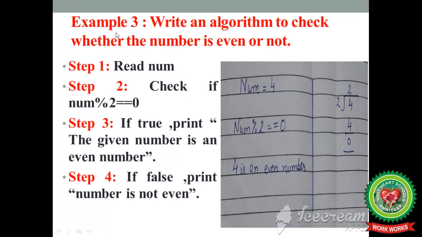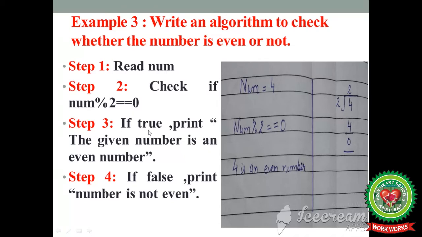This is example 3. Write an algorithm to check whether the number is even or not. Step 1 is read num. Step 2 is check if num modulus 2 equal to 0. Step 3.